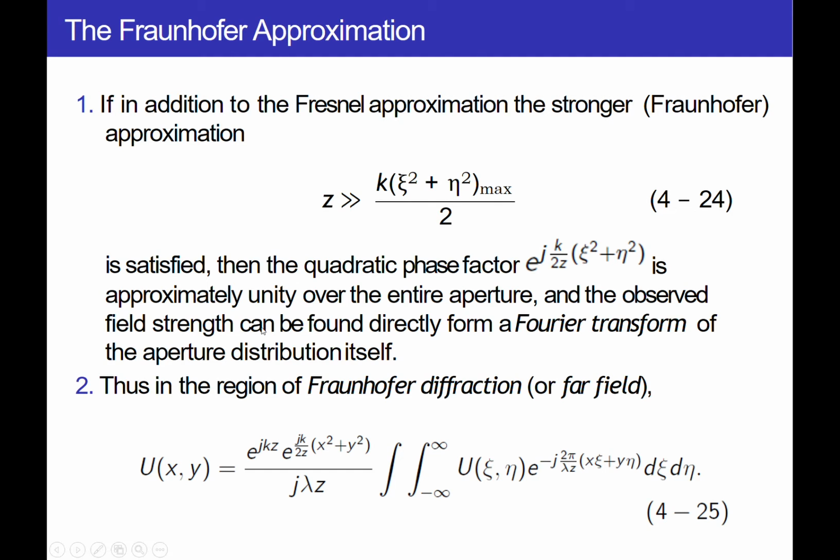We know that in the region of Fraunhofer diffraction in the far field, we have this further approximation, and we end up with a phase factor with the 1 over z term. Z is the actual distance between the aperture plane and the observation plane. Then we have U of xi, eta and this exponential term, and this is nothing but a Fourier transformation on the xi-eta plane to get U of x, y.